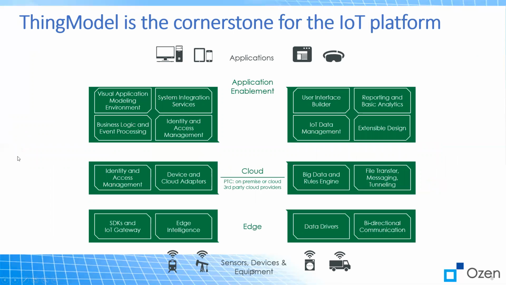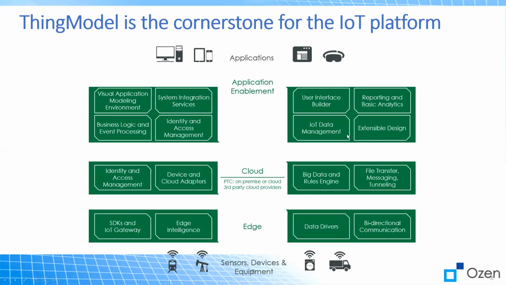Thingworx is based on the Thing model. The Thing model is pretty much the cornerstone of all IoT platforms. As you see, it has a list of capabilities that can be categorized, as you see in this picture. We have a lot of applications, computers, devices, electronics, and all kinds of assets. And then we have application enablement, which has several apps such as IoT data management, user interface builder, and you name it, all these top blocks.